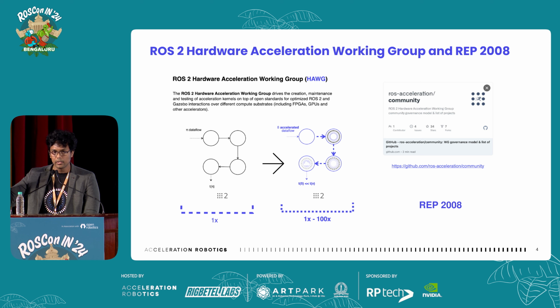So let's say someone has written an accelerated point cloud filtering package on a GPU, then it should be fairly easy for any other company or hobbyist to try it on their own GPU, whether it be of a different make or whatnot. That's what we achieved with the Hardware Acceleration Working Group.